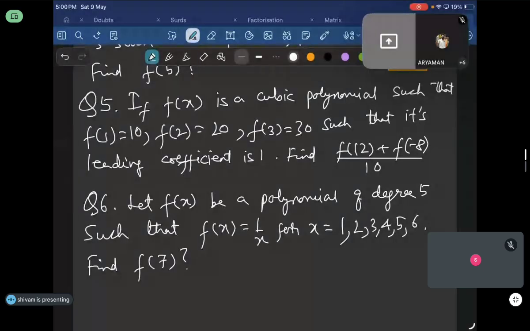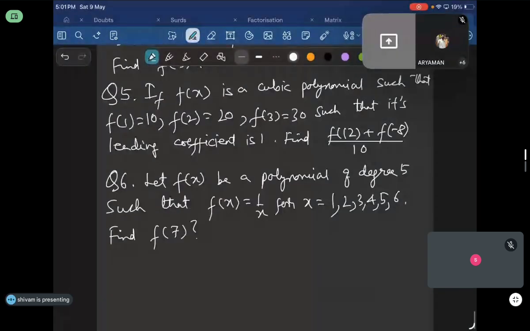Everyone pay attention. In number 5, what's the pattern? F of x equal to 10x, right? Sir, 2x. F of 1 equal to 10.